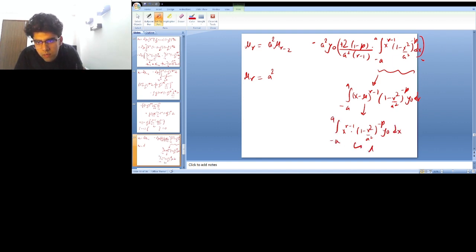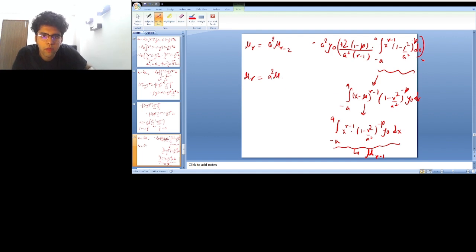This is my mu r minus 1 moment because my mean is 0, like the same that we did in finding the r minus 2th moment. So this is my r minus 1th moment, right? I'll be just drawing a line. This is minus a to a, and this is a, right? Let me just write, this whole expression is my mu r minus 1th moment with respect to the mean, because my mean is 0, or my mean is origin.